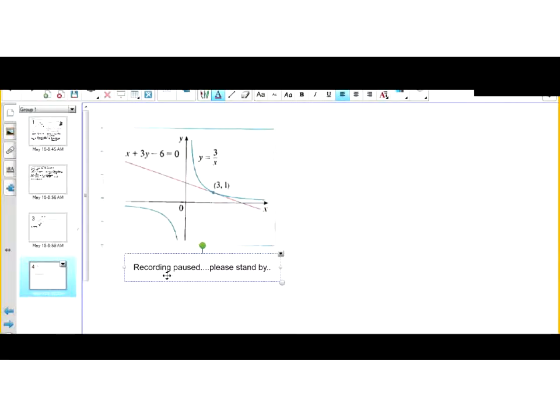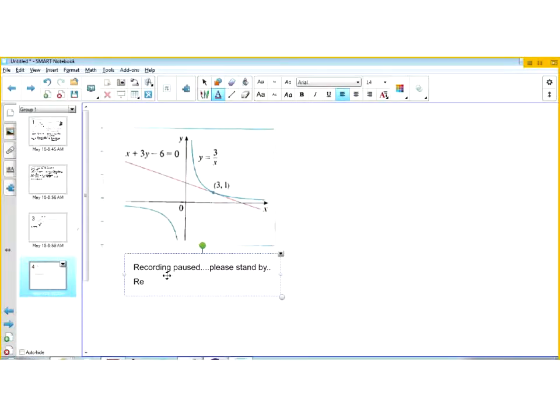Okay, so recording resumed. The question we're asking now is, the blue curve is the graph of the hyperbola y equals 3 over x.